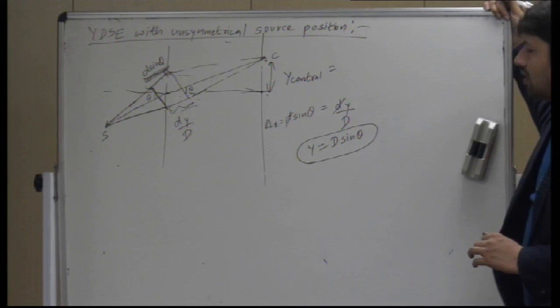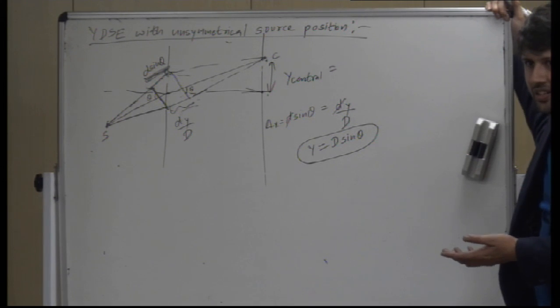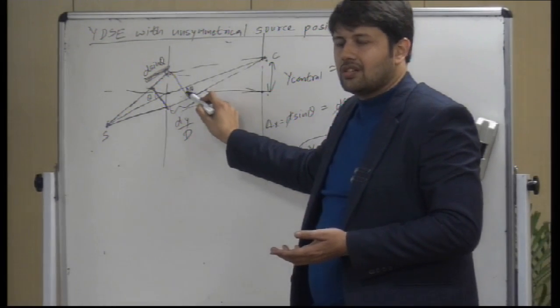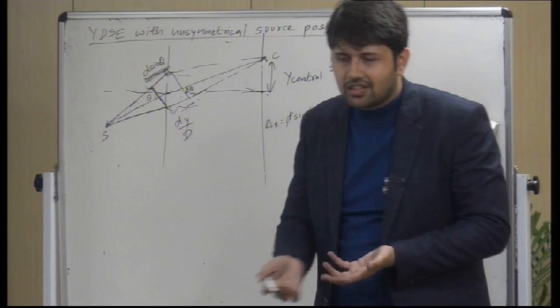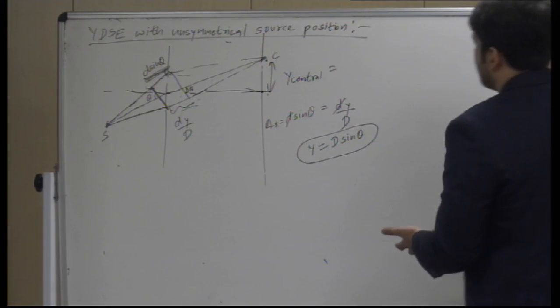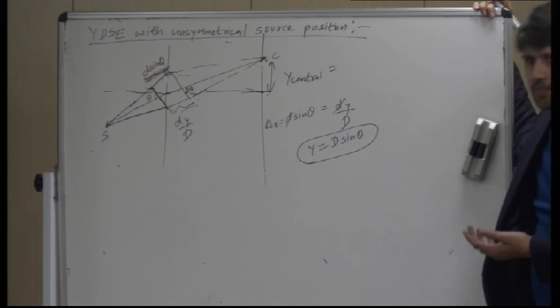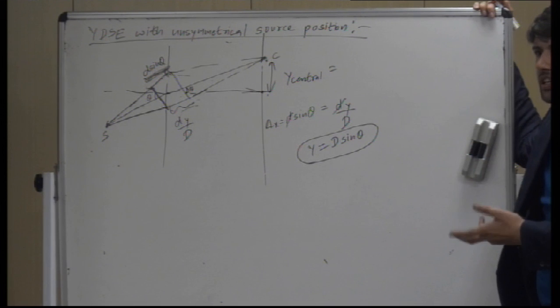So it's not that kind of rocket science to calculate. The angle here and the angle here is the same, right? So if you know the angle, you can obviously calculate the position of the central fringe. It's just a matter of calculating the ratios, sin theta, cos theta, tan theta. Is it okay? So if the system gets unsymmetrical, this kind of thing happens.